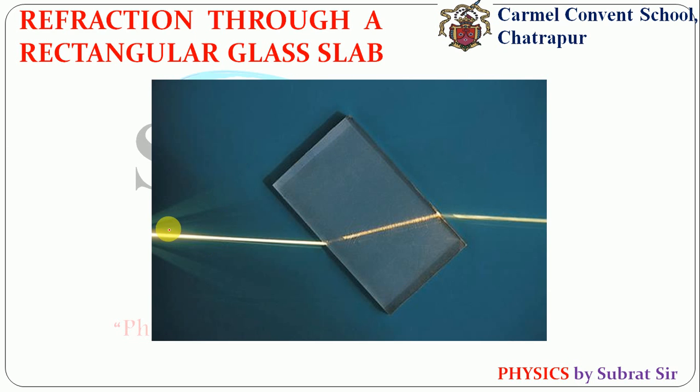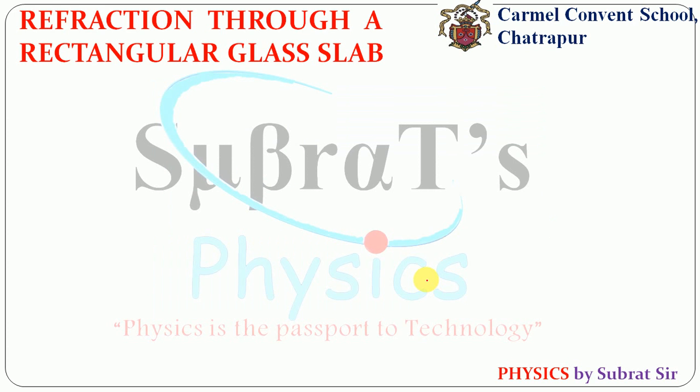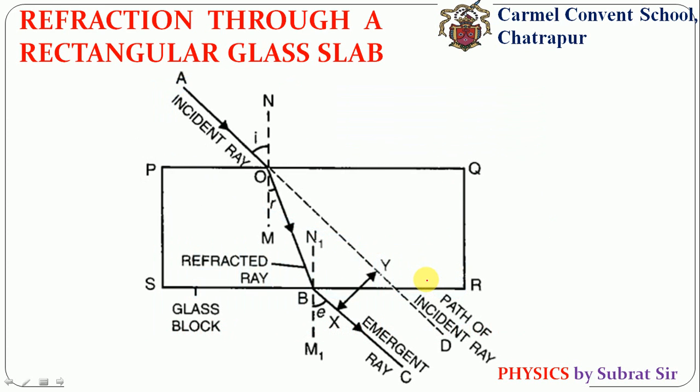See how the light passes through a glass slab. You already know the mechanism of how a ray of light passes through a glass slab, but we will see this method elaborately. It passes from air to the glass block, and then once again is refracted from glass to air.